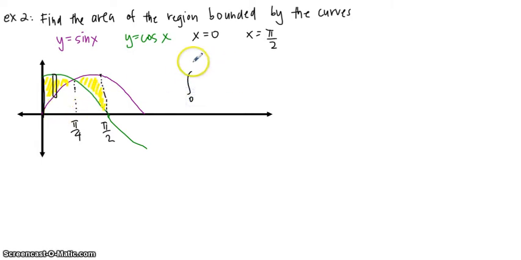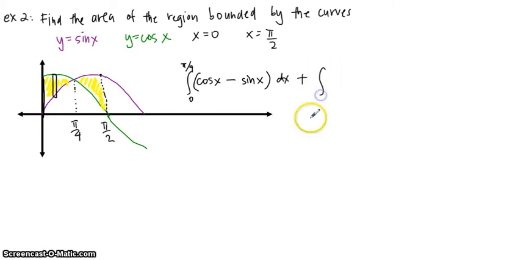So this will go from 0 to pi over 4 of the upper boundary cosine x minus the lower boundary sine x. That's the height of my rectangle times the base of my rectangle, dx.